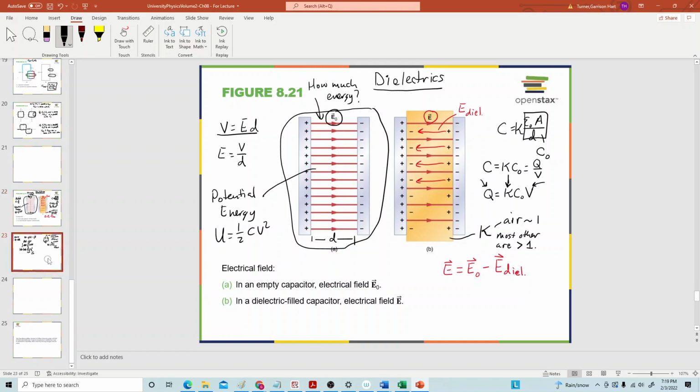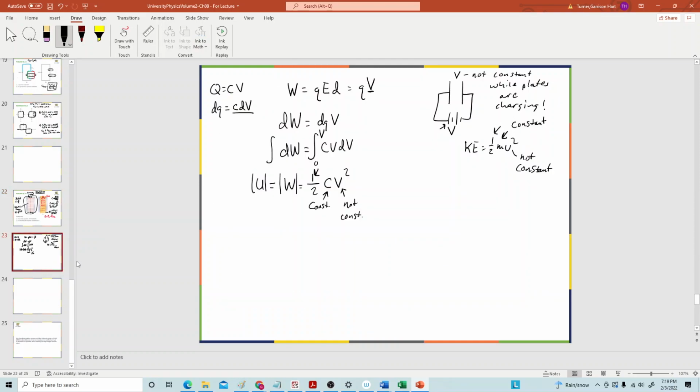Now this is an incredibly important result. Why is this an important result? This shows that electric fields have energy.